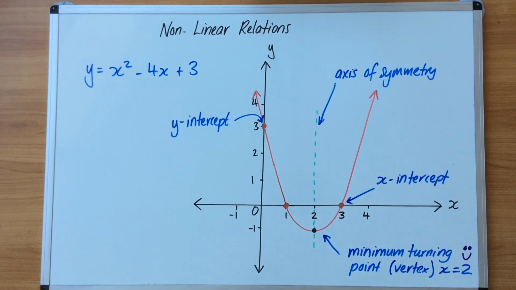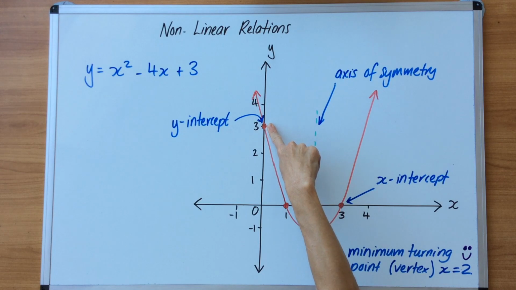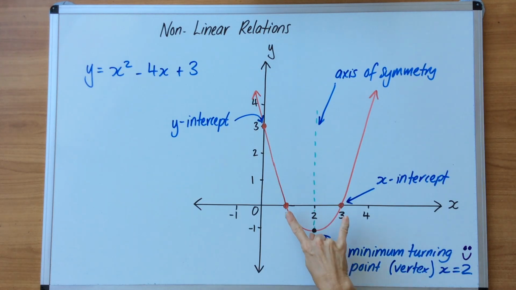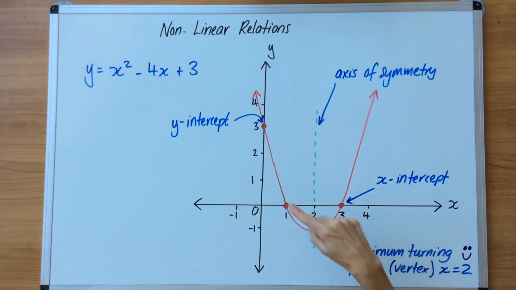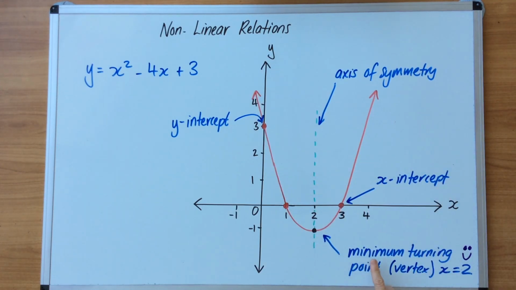So taking a look up here at the y-axis, this coordinate was passing through the y-axis. That's why we call it the y-intercept. And we have 2 here for the x-intercept that pass through 1 and 3. So we get this nice smiley face shape. And this is a minimum turning point because it's a smiley face shape.